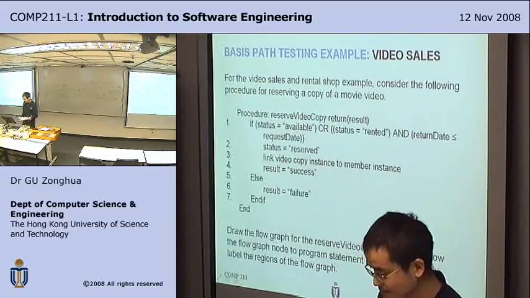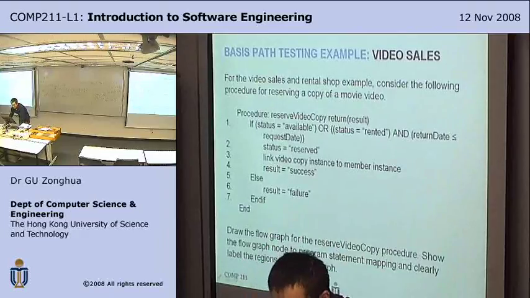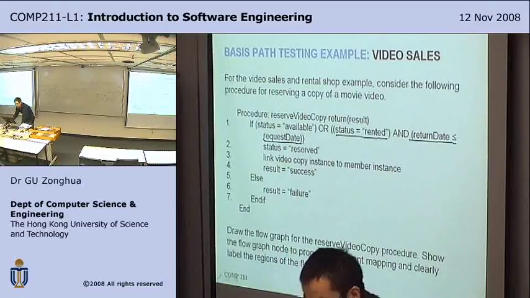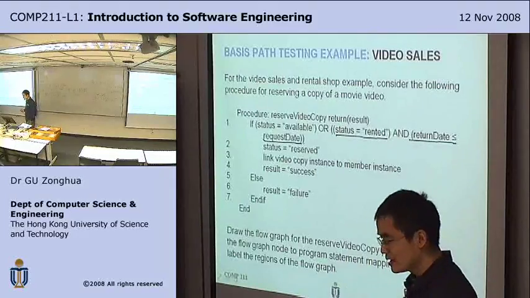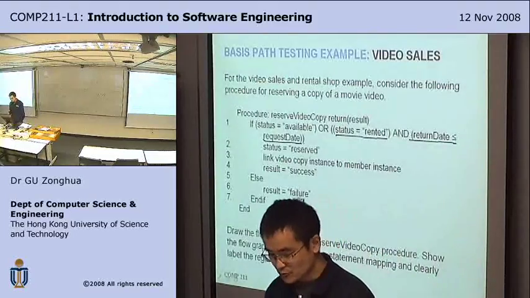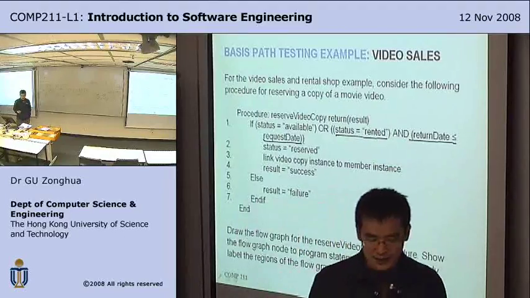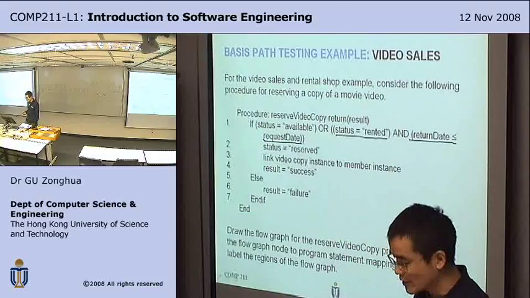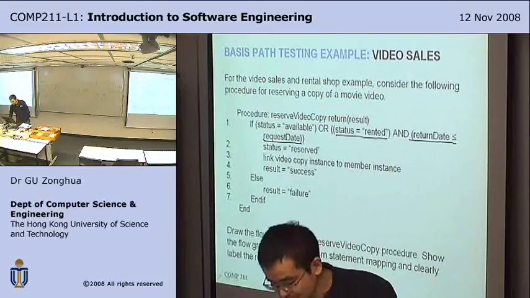Video cells, consider this procedure. Reserve video copy if status is available or status is granted, and return date less than equal to request date. That is, you can request a reservation at a future date, not immediately. If the rental video copy is currently rented, but its due date is earlier than your requested reservation date, you can still reserve it.